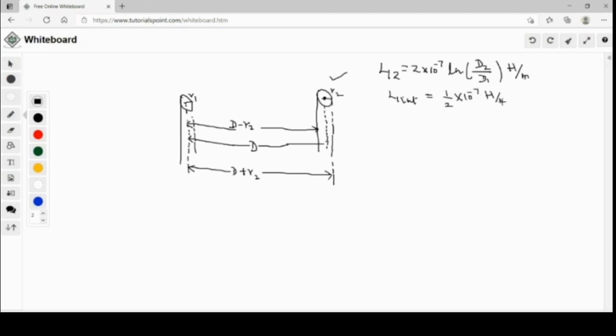So, from the above equations it can conveniently be written that L1 is equal to L1 internal plus L12. When I add that, I get L1 is equal to half plus 2 ln of D by R1, whole into 10 raised to minus 7 Henry per meter.